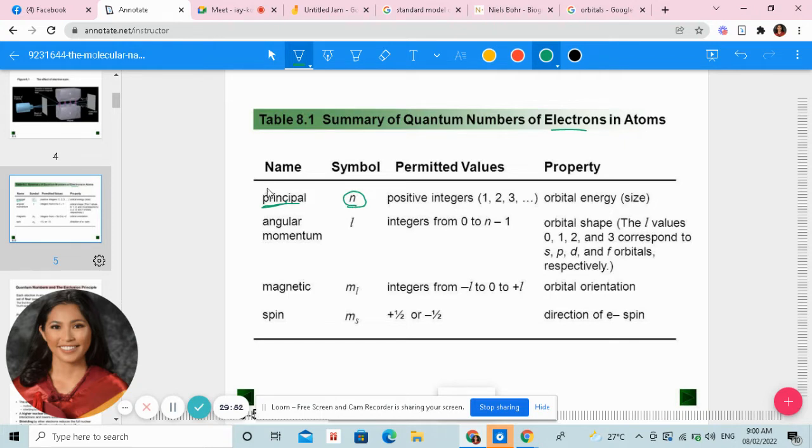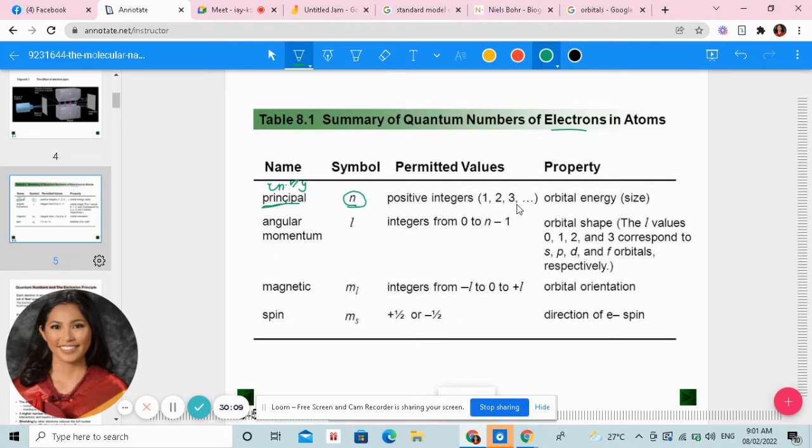This also refers to the energy level or shell, which has positive integer values: 1, 2, and 3.